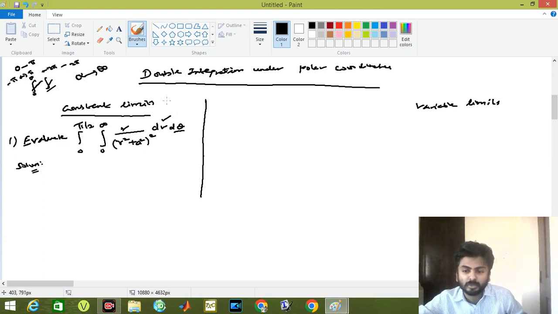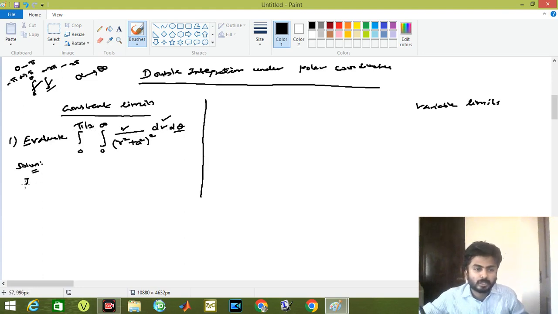So here the limits are constants. The first integration with respect to r is fine, correct. The second integration is with respect to theta, and the limits are angles, so it is also correct. So this is in correct form.